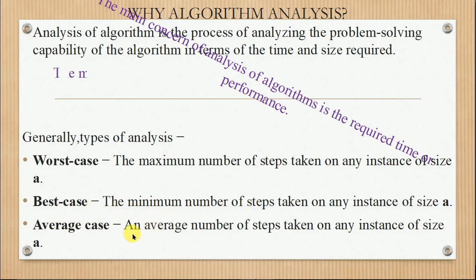The average case is when the key element you are searching for is available somewhere in between in the list. It is not at the start of the list, and there is no need to go until the end of the list. That is the average number of steps.